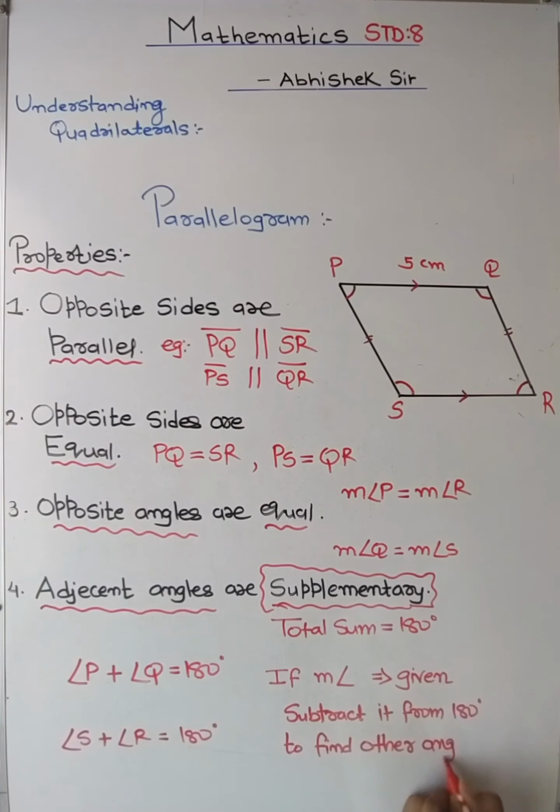Clear? That is why I have written that if the measure of one angle is given, subtract it from 180 to find the other angle using this property. Clear? So these were the 4 important properties of a parallelogram.